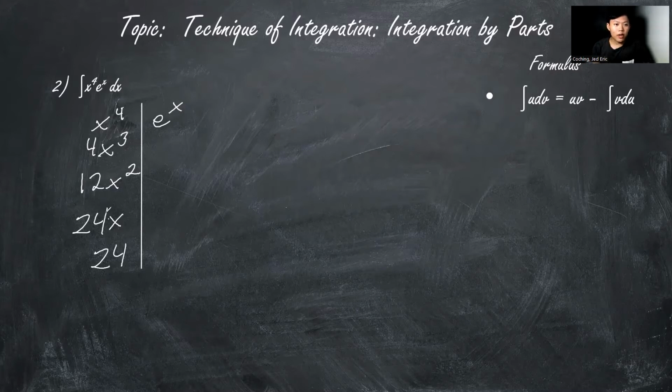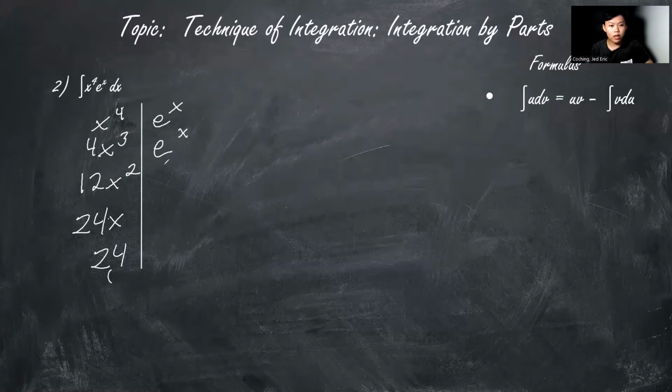And keep in mind, if you're going to use this method, you always differentiate the polynomial, the one that has a finite differentiation, because if you use this on e^x, it's just going to repeat itself. Now find the integral of this, and the integral of e^x is just still e^x.